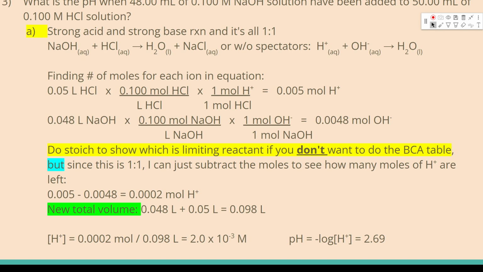So be careful, because you can see it literally here. We have the 0.005 versus 0.0048, so all of the OH is being used, and then we have a little bit of acid left over, which is why I subtracted it, because again, this is just a limiting reactant problem. And then I have my new volume and stuff, so there we go.